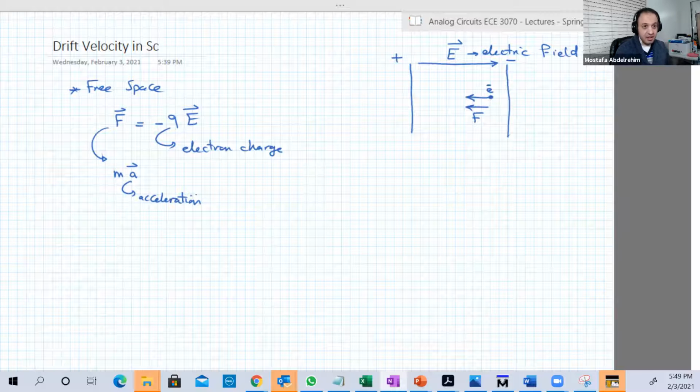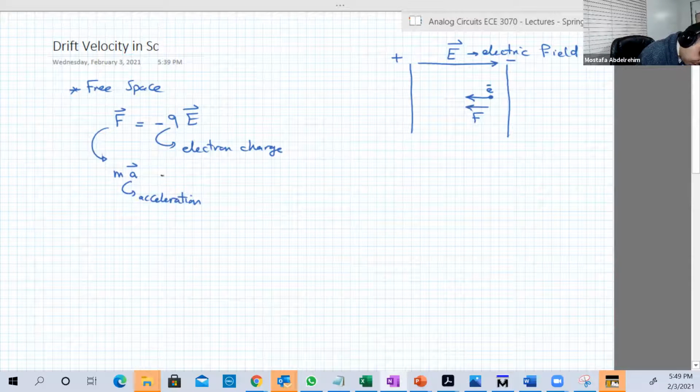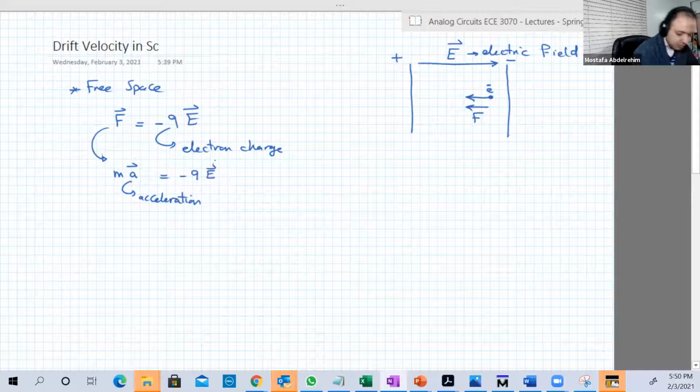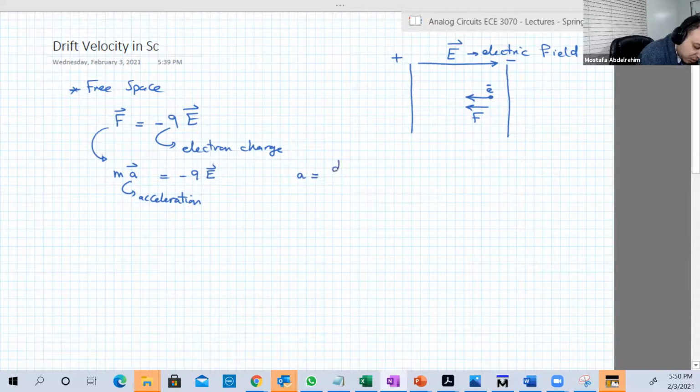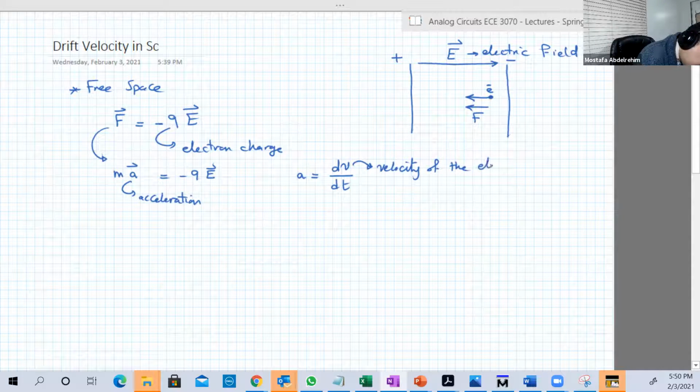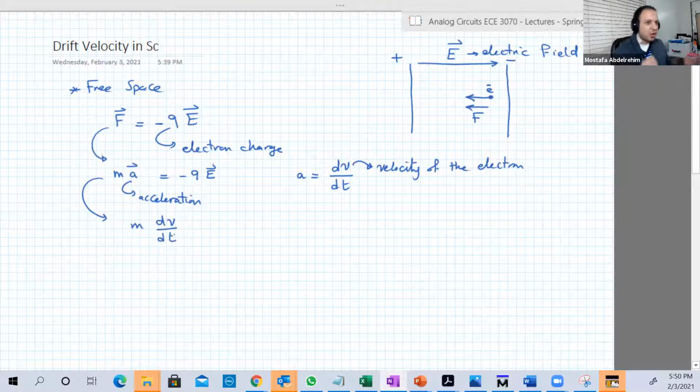That's why we can have acceleration. This is equal to minus qE, and the acceleration a is equal to dv by dt, where v is the velocity of the charge, here the electron, between these two electrodes. So m dv by dt, ignoring the vectors for a moment, equals minus qE.